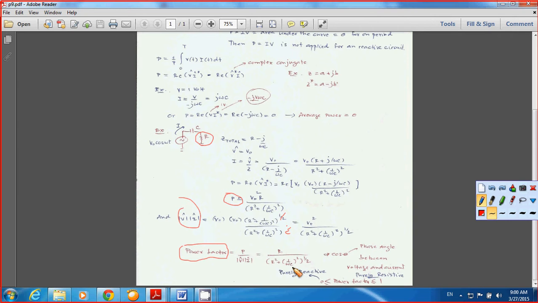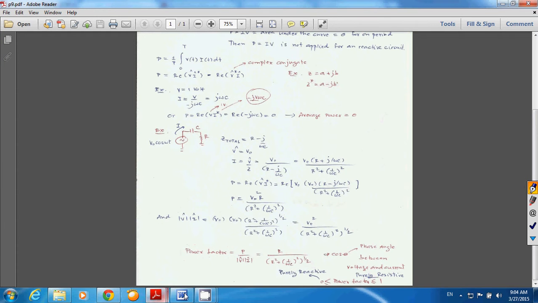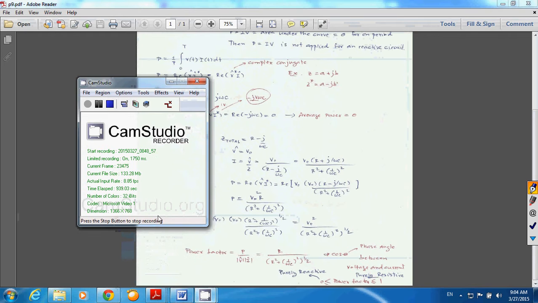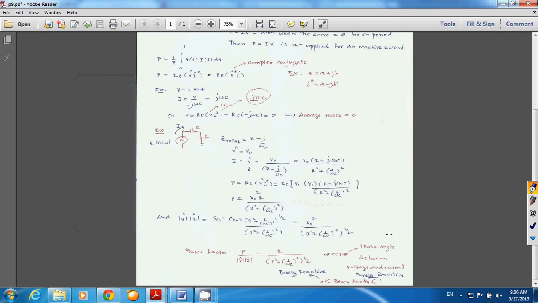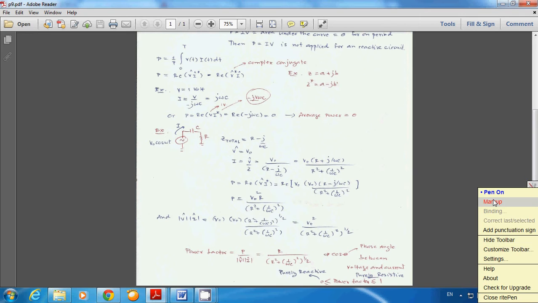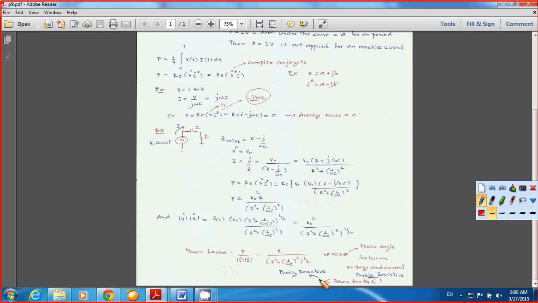Let's take a look at the power factor here.